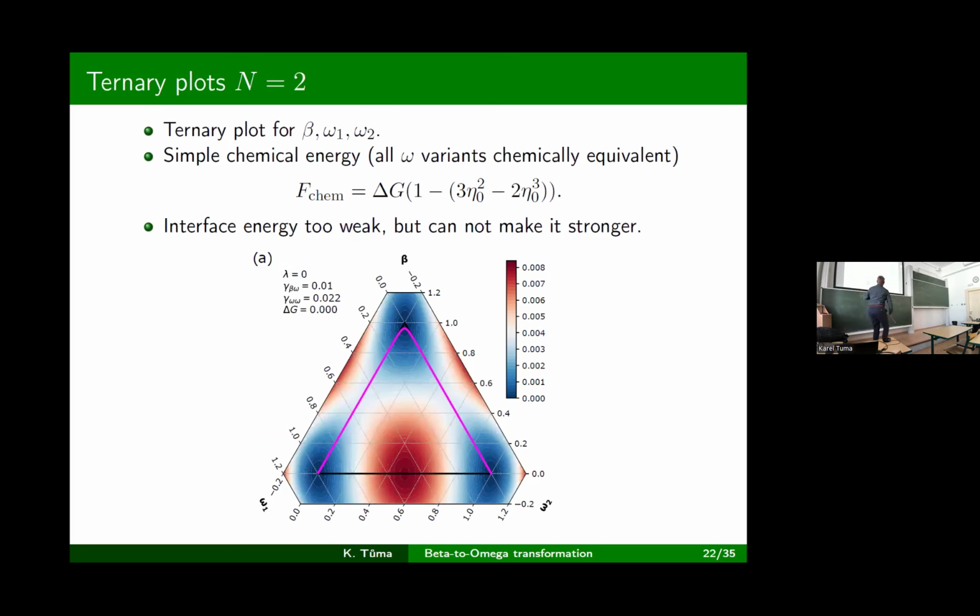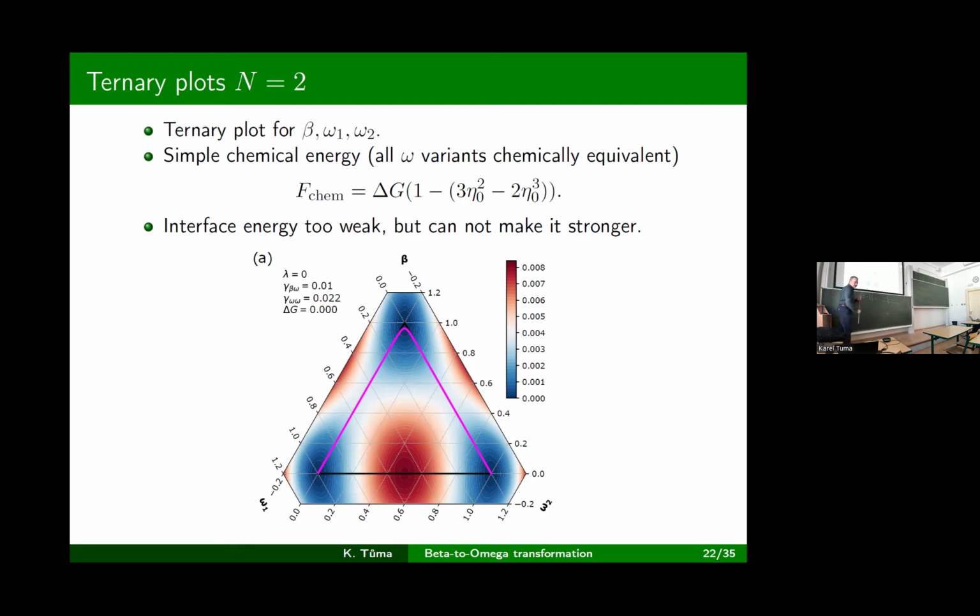The best way to play with the energies is to use the ternary plot. In the ternary plot, we have a triangle. Every corner of the triangle has a meaning. This corner means that we have the pure omega 1 variant. If we are in this corner, we are in the pure omega 2 variant. If we are in this corner, we are in the pure beta phase. Now assume that gamma beta omega is 0.01 and gamma omega omega is 2.2 times larger, which satisfies the condition that it is less than 8/3.